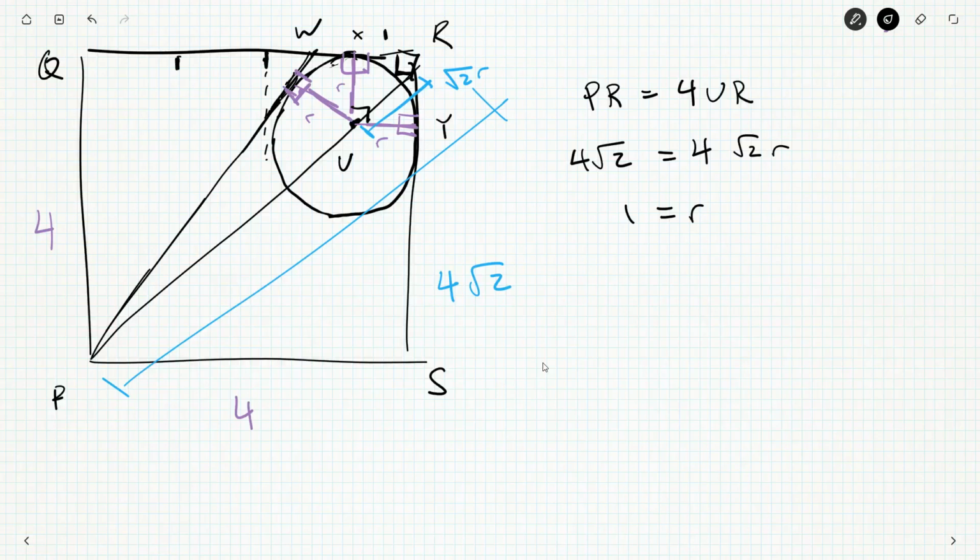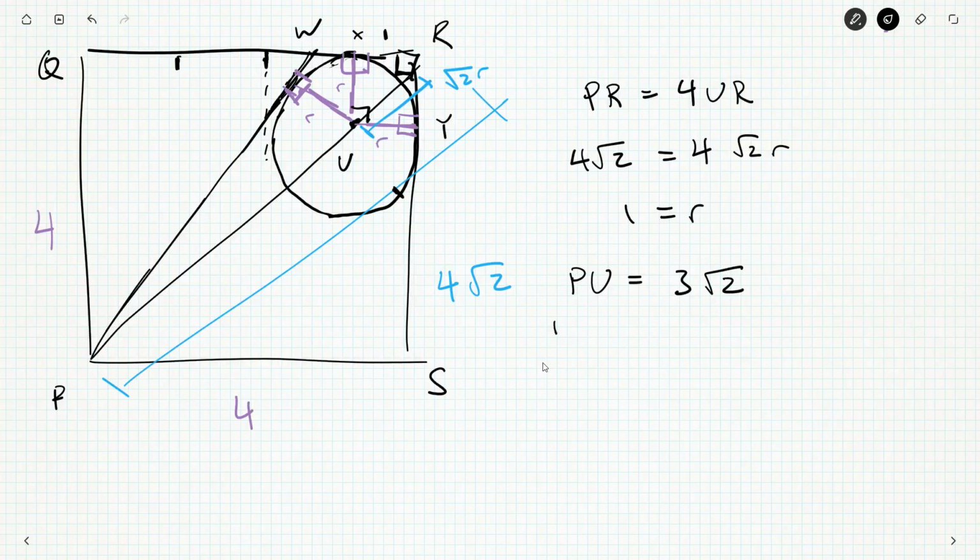So this circle takes up almost a quarter of the square. But knowing that, we can do two things. We can say, well, PU is just what's left over when we take off root 2r, which is root 2 times 1. So PU is actually going to be 4 root 2 minus 1 root 2, 3 root 2.